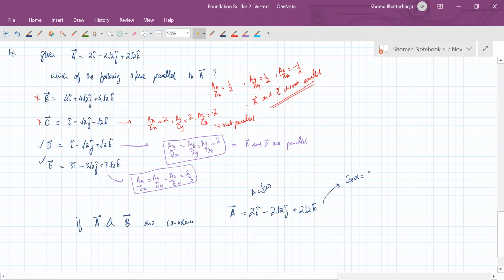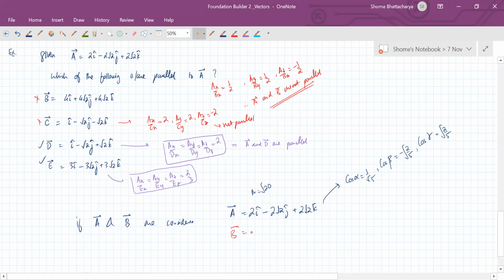So cos alpha is 1 by root 5. Cos beta is minus root 2 by 5. And cos gamma is equal to root 2 by 5.